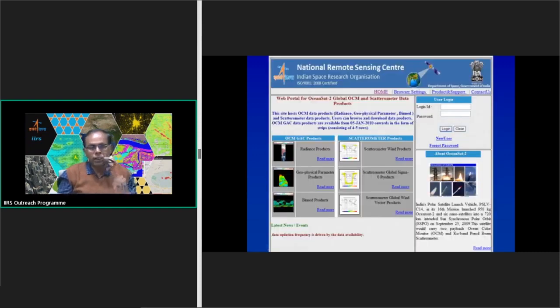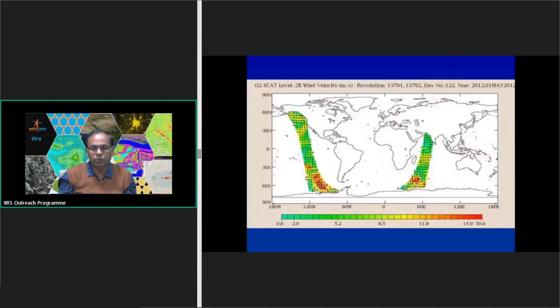And this data is also available from the National Remote Sensing Center website, which is providing the data free of cost, and you can register yourself and get the data for further analysis.